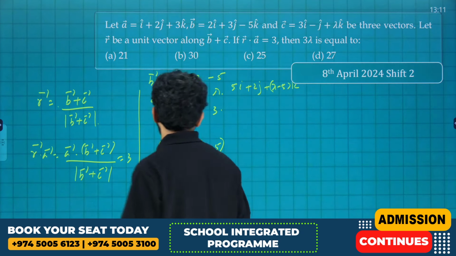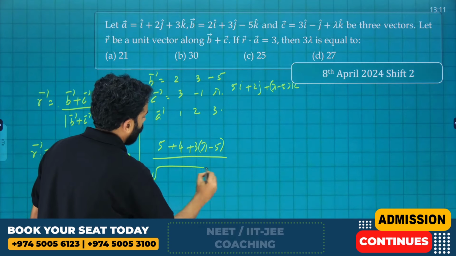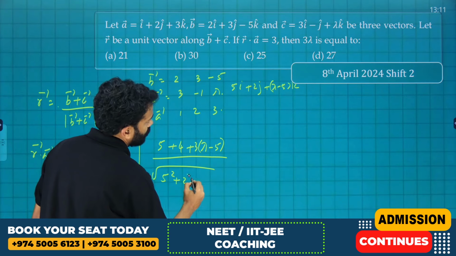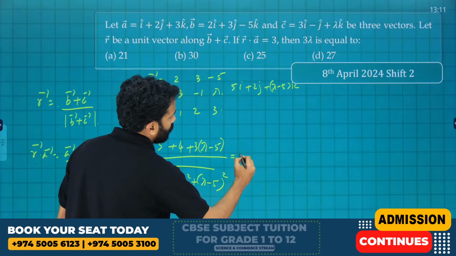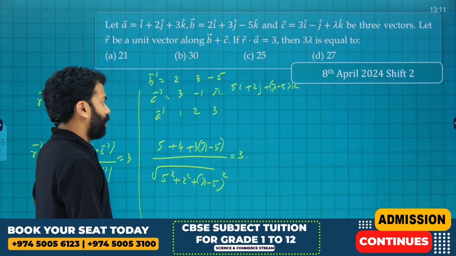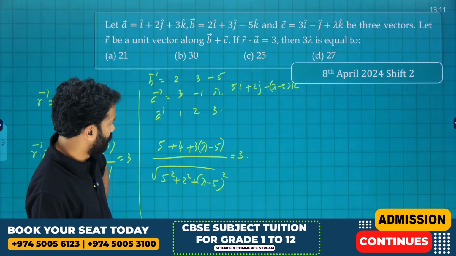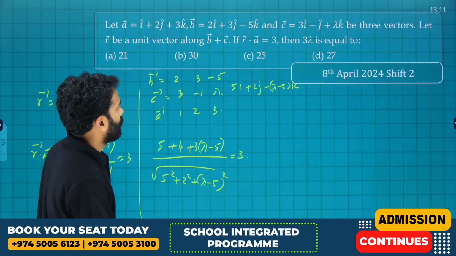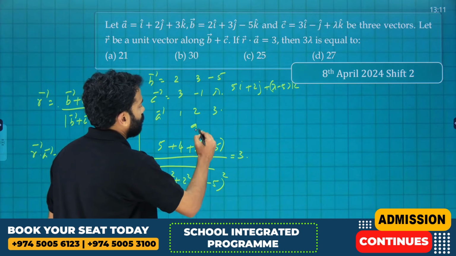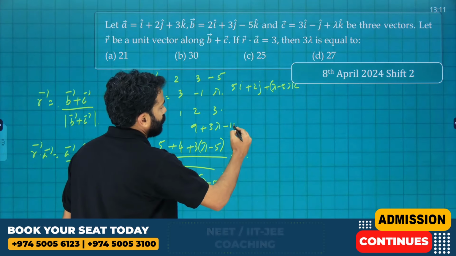And what is the magnitude of that? It will be root of 5 square plus 2 square plus (lambda minus 5) the whole square, which is equal to 3. I hope you got the idea here. So this will be 5 plus 4, that is 9, plus 3 lambda minus 15.